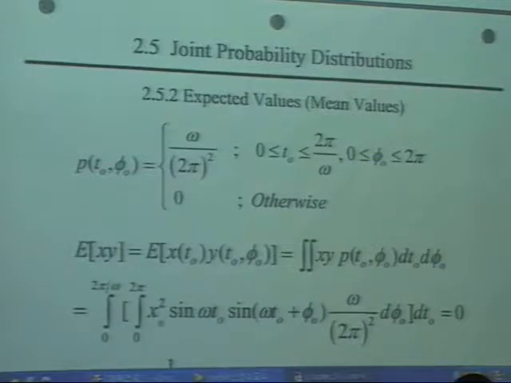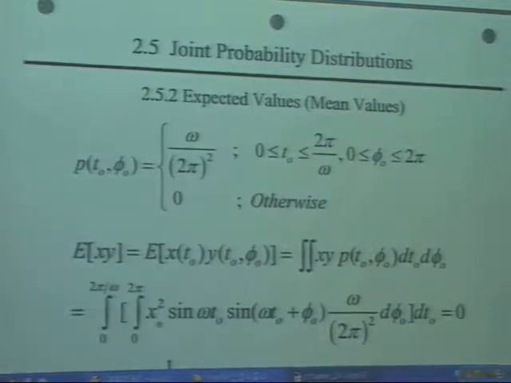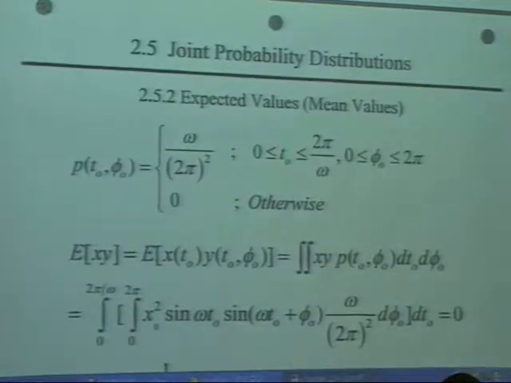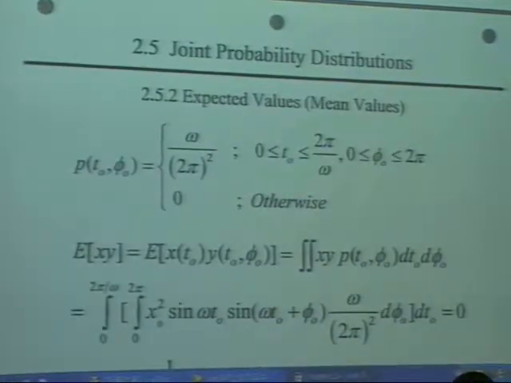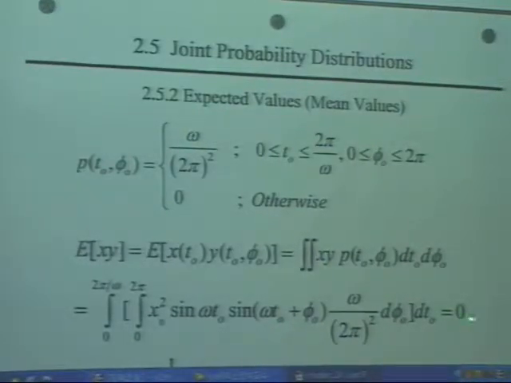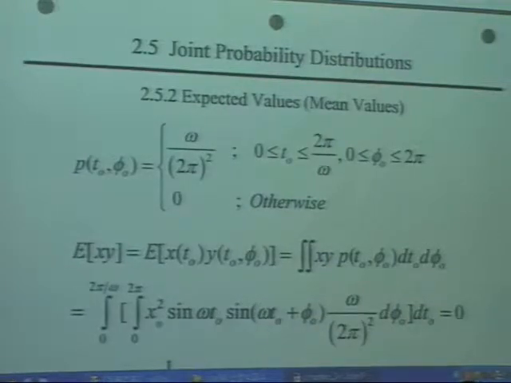So sometimes some work to do. So if you do the double integration, it has to be equal to 0, which means the expected value of a function x multiplied by y happens to be 0.